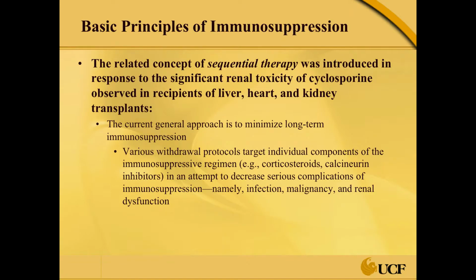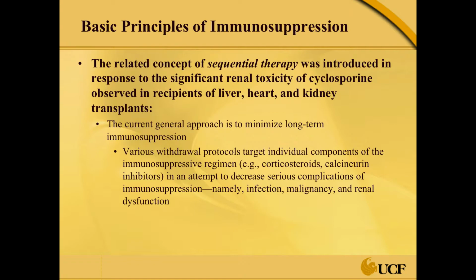So the current general approach is to minimize long-term immunosuppression. There are various withdrawal protocols that target individual components of the immunosuppressive regimen, like the corticosteroid regimen or the tacrolimus portion of the regimen. The overall attempt is to decrease the serious complications that occur from prolonged immunosuppression.